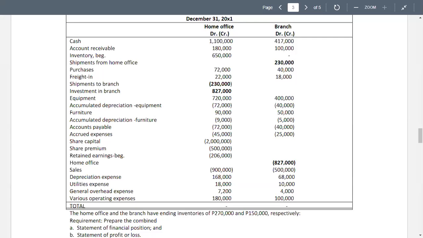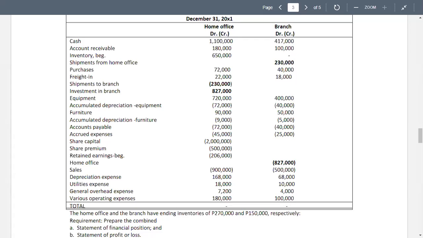The total is total goods available for sale, 802,000. Then from 802,000, we are going to deduct the ending inventories. The total of the ending inventories is 420,000.